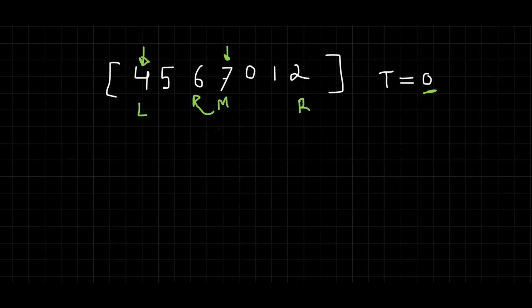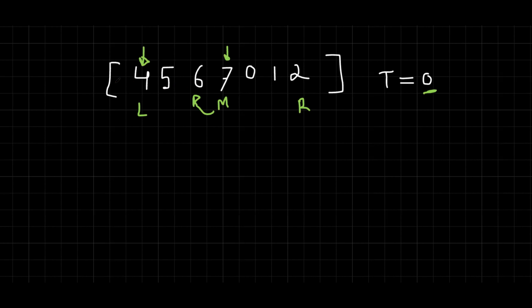Now, it can be possible that the target is not present in the left subarray. So in this kind of case, we have to search for the target in the right subarray and discard the entire left subarray as well. So this is one of the implementations of the binary search.